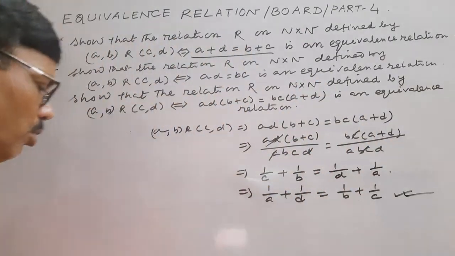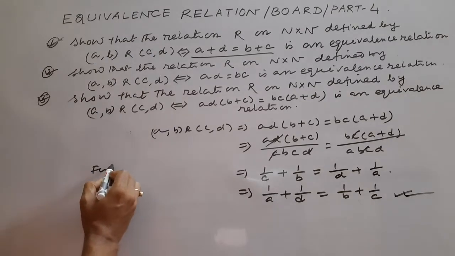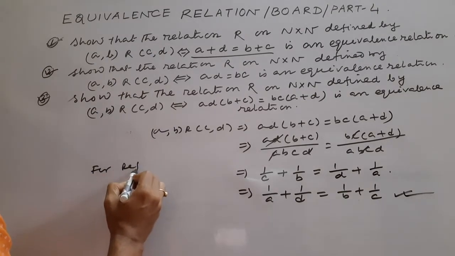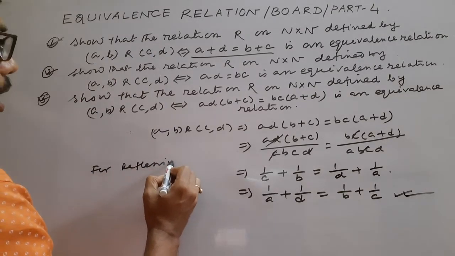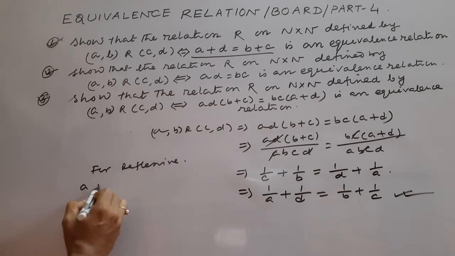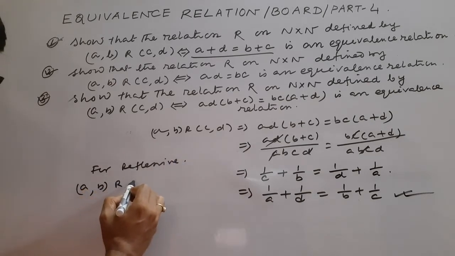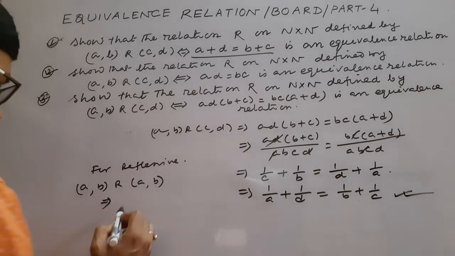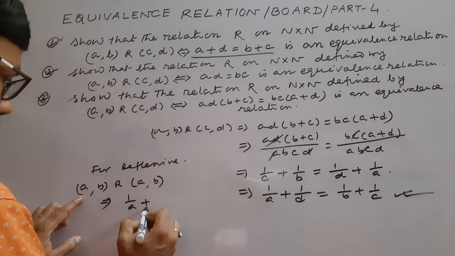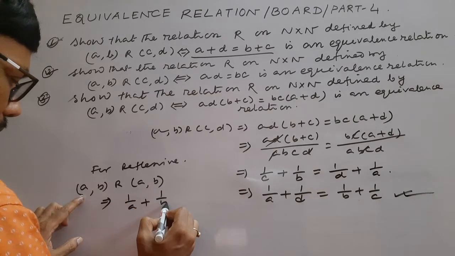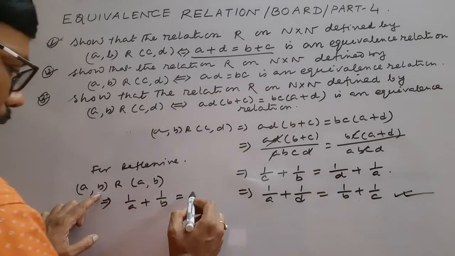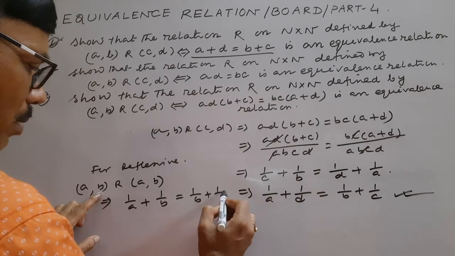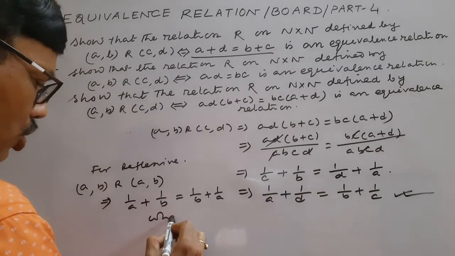So for reflexive, (A, B) R (A, B), the same ordered pair. So 1 by A plus 1 by B equals 1 by B plus 1 by A, which is true.